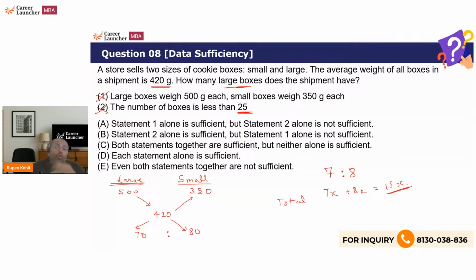So they can only take one unique value, because 15 into 2, which is 30, will exceed 25. So x can only be 1, total boxes can only be 15, and large boxes can only be 7. So after combining, we're getting the unique answer. Both statements together do help us to get the answer, right?